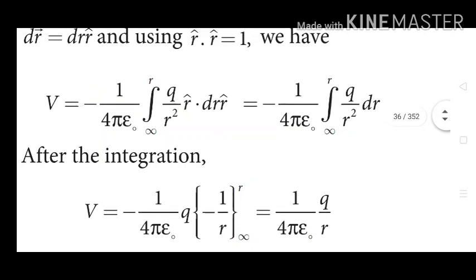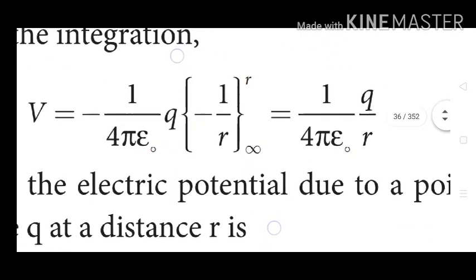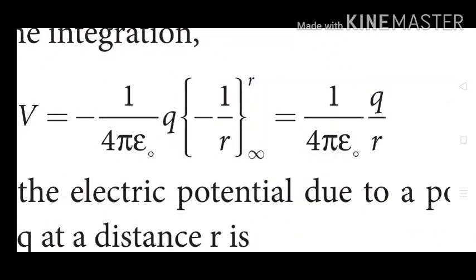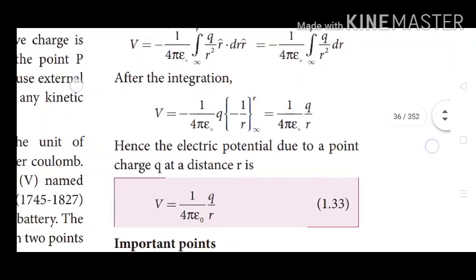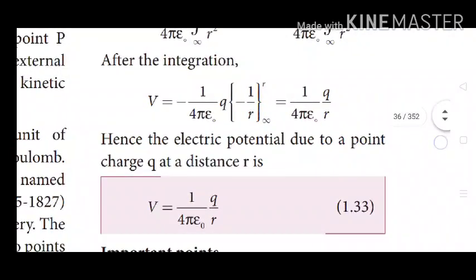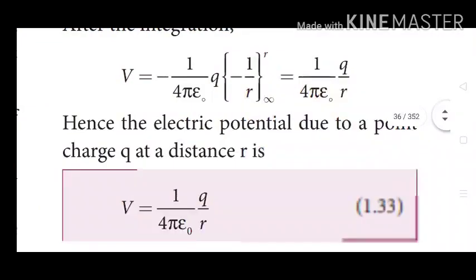So V is equal to minus 1 by 4 pi epsilon naught Q times minus of 1 by r from infinity to r, which is equal to 1 by 4 pi epsilon naught Q by r, the potential due to a point charge. So equation 1.33 shows us V is equal to 1 by 4 pi epsilon naught Q by r.